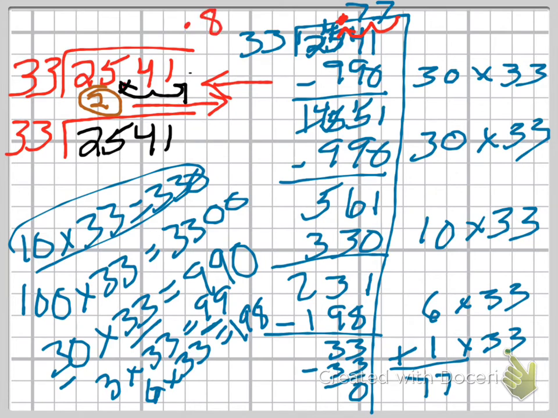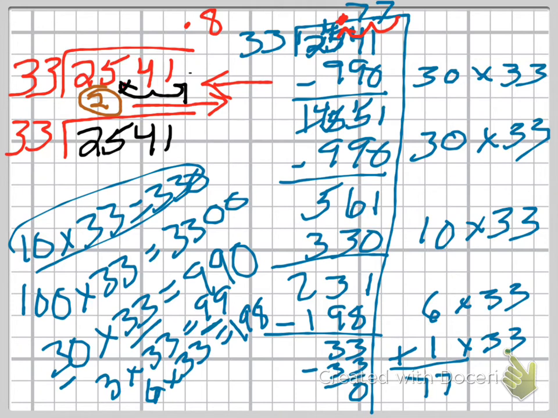So, last spot, I need to check. I could multiply 77 hundredths times 33 to see if I get 25 and 41 hundredths, or I can multiply 33 times 77.